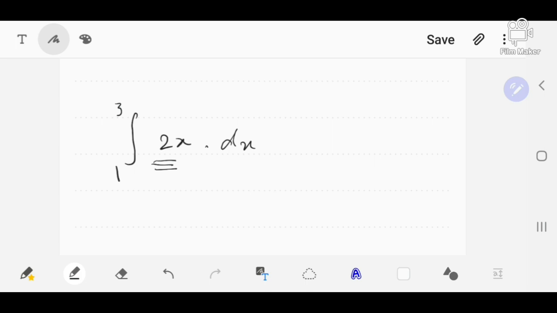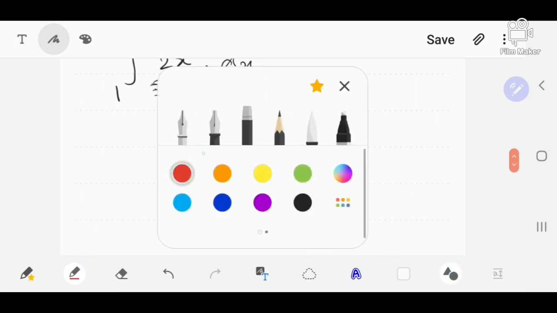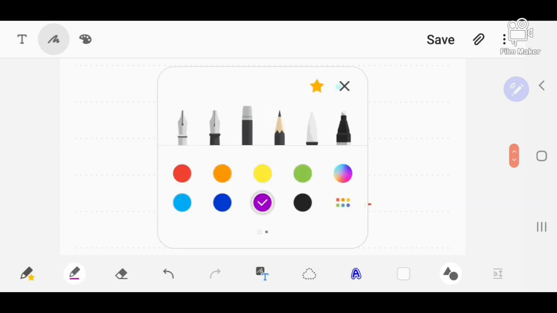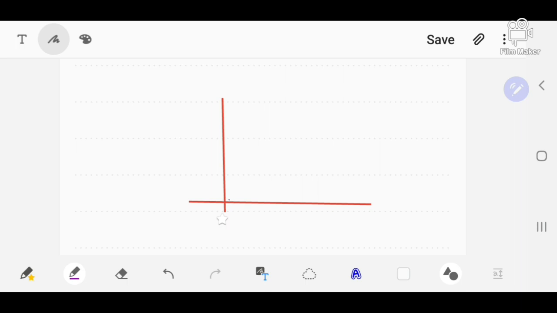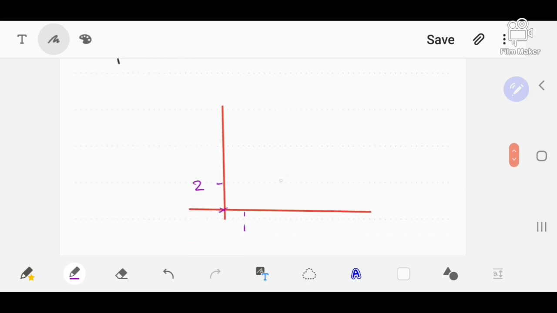Simply just to draw it. And we know how to draw 2x. That's an easy function. So on the x-axis, the coordinates, 2x: give me 0, 0, 1 and 2, 2 and 4, 3 and 6.